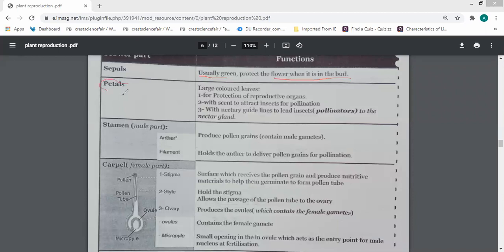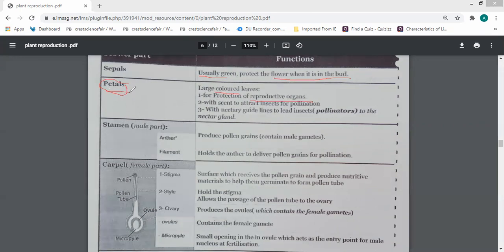Next, petals. Petals are large and colored leaves. What is the importance of petals? The first is the protection of the sexual organs, or reproductive organs. So sepals protect the other parts, which means stamen, carpel, and petals.